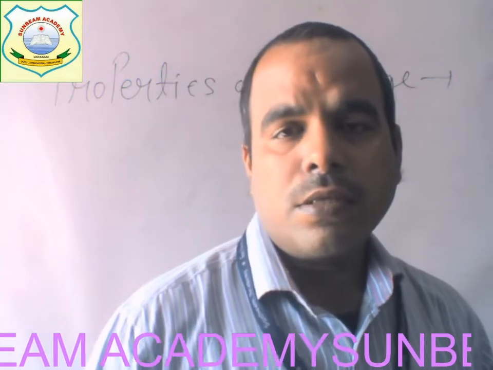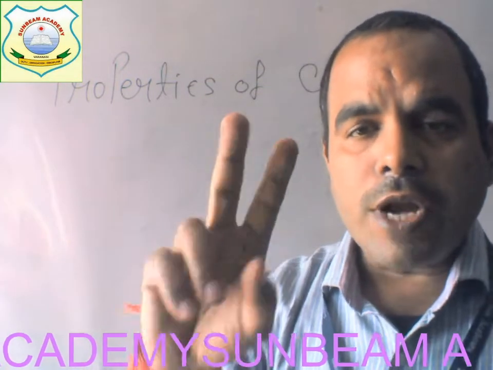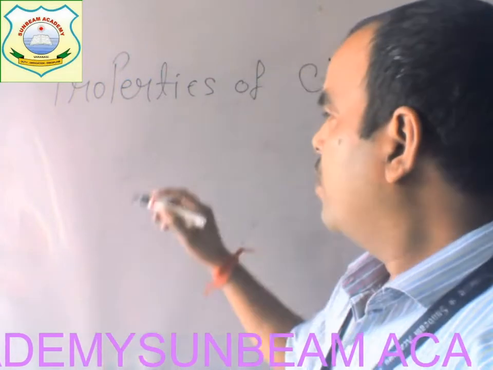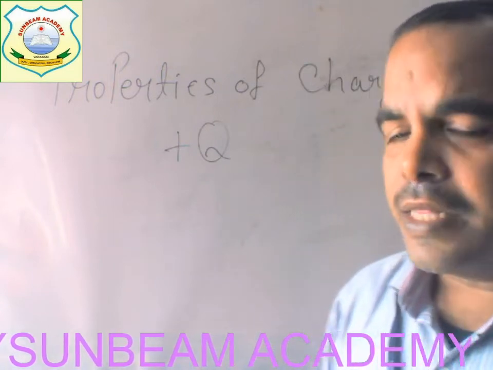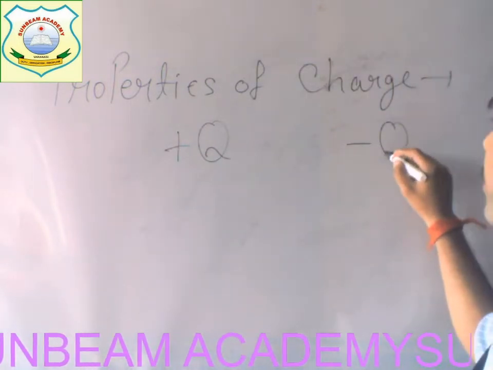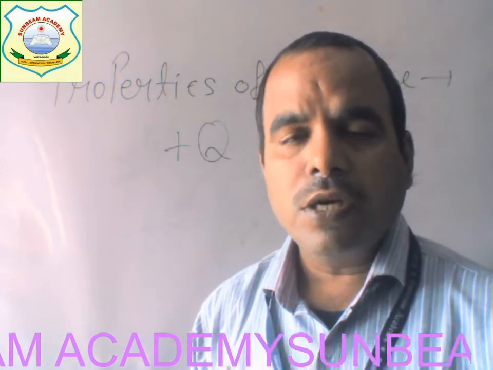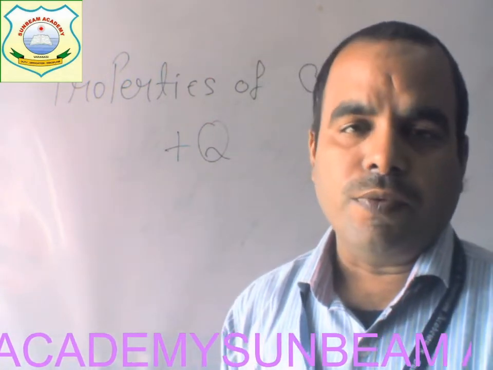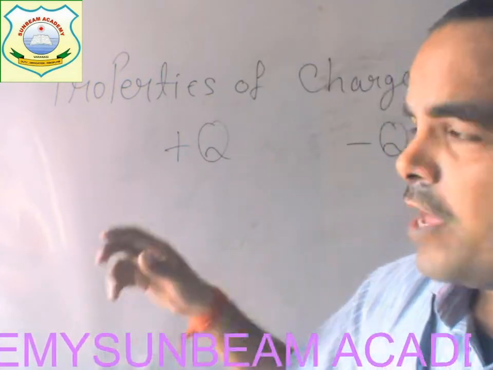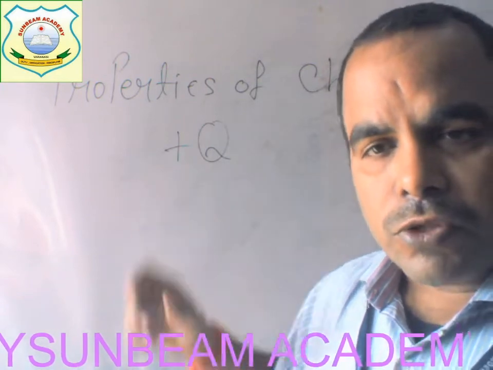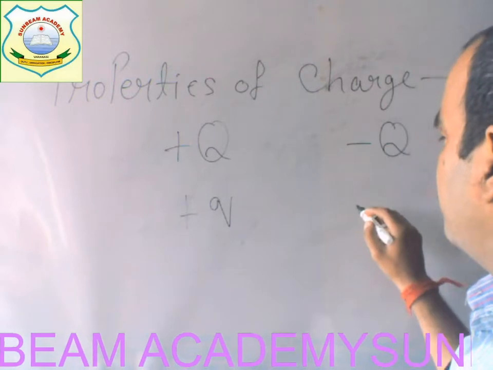In the last class, we already discussed that there are two types of charges, one positive and another negative. As a symbol, it is represented by the capital Q, and you can also see plus Q or small q.